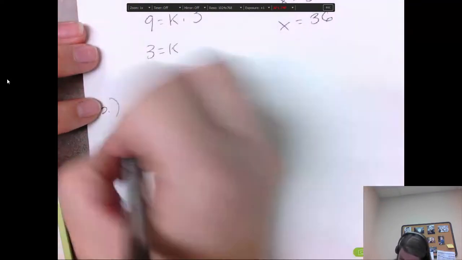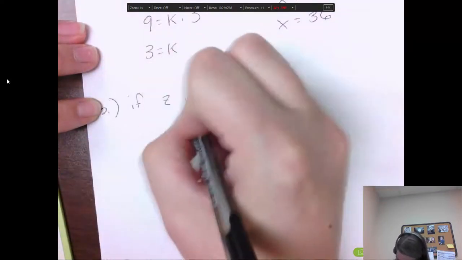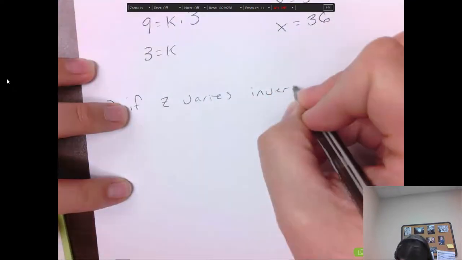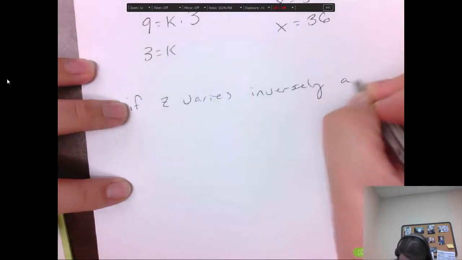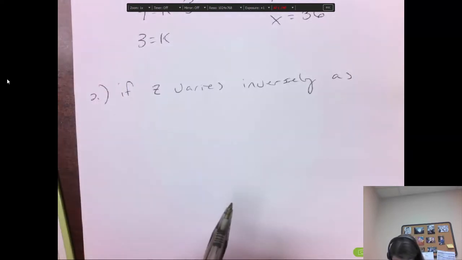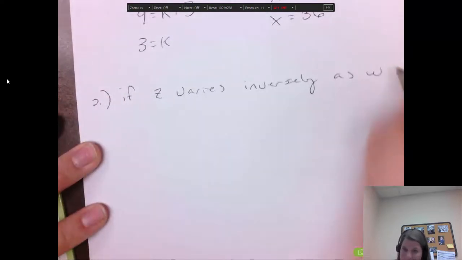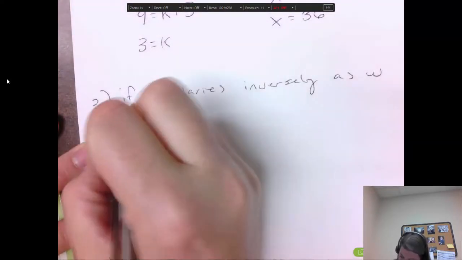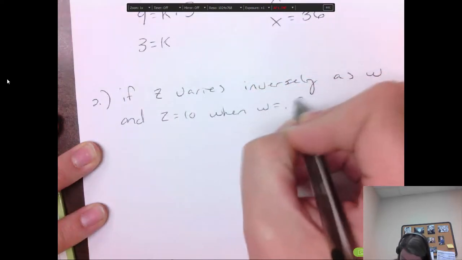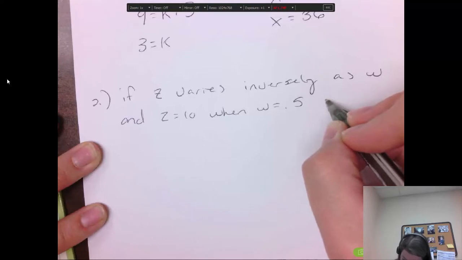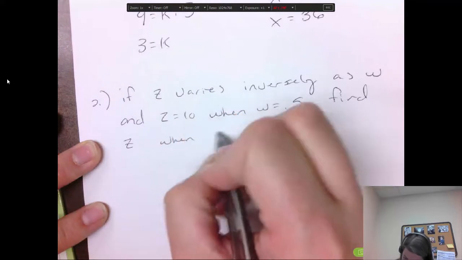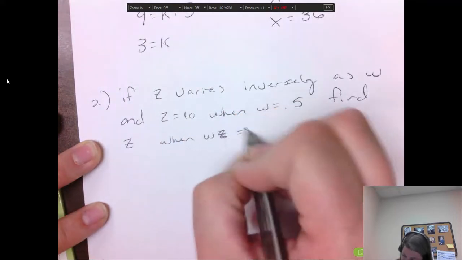What if I had, let's do this one. If z varies inversely as w, and z equals 10 when w equals 0.5, find z when w equals 8.